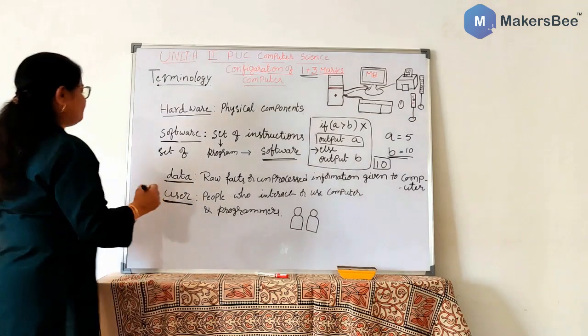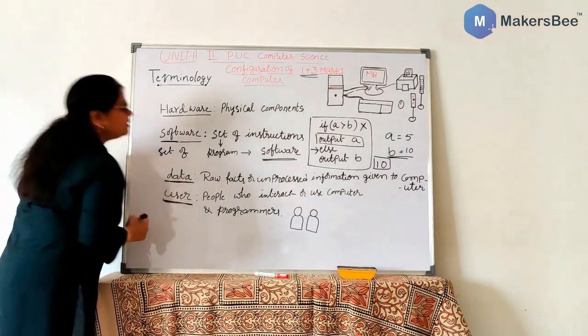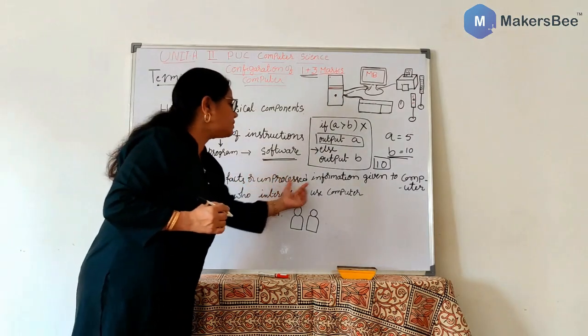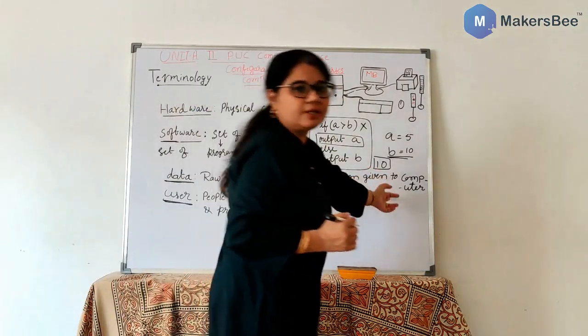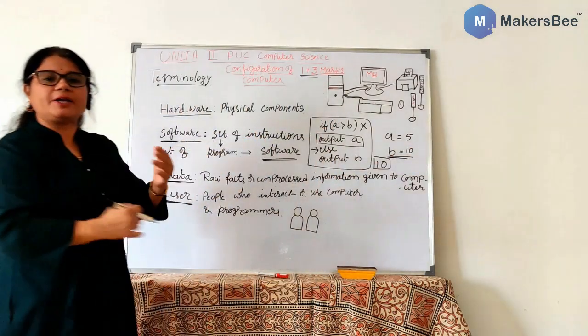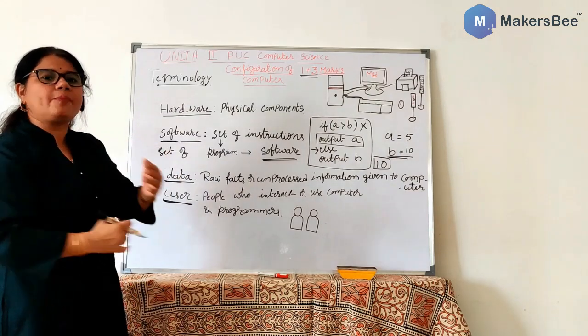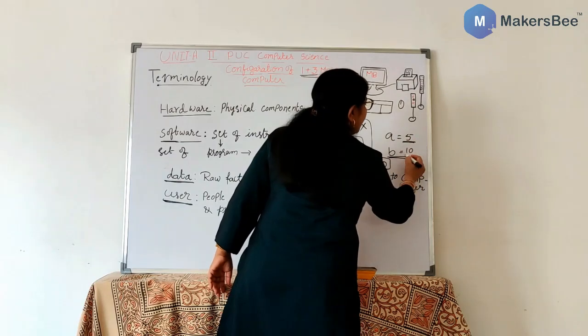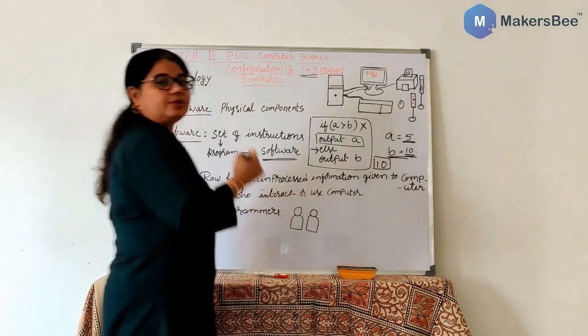So let's come to the third one, that is data. Data are the raw facts or unprocessed information given to the computer to process or to manipulate or to operate on the data. For example, here I am going to give 5 and 10 as data to the computer.